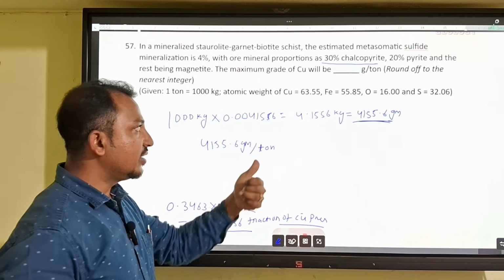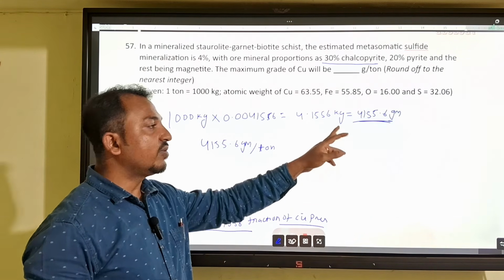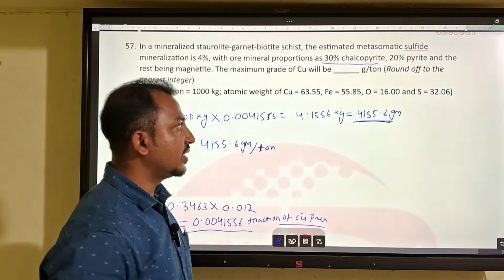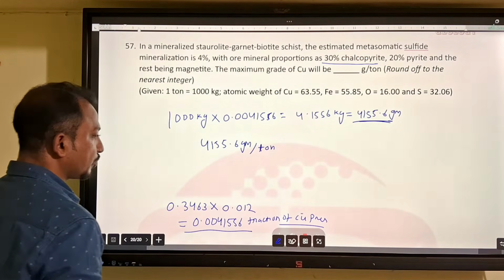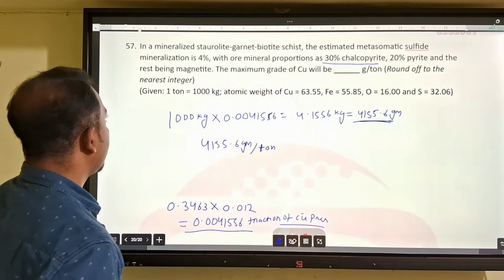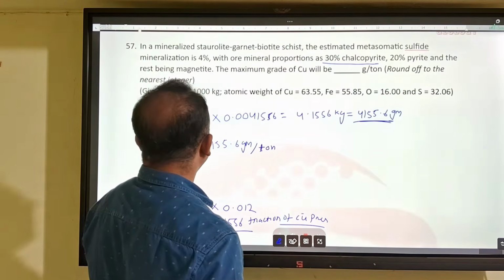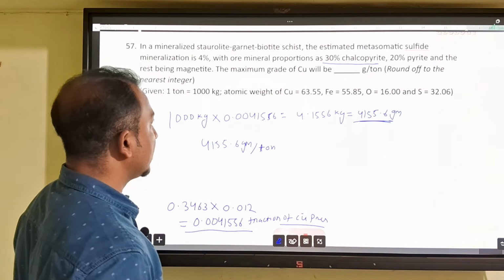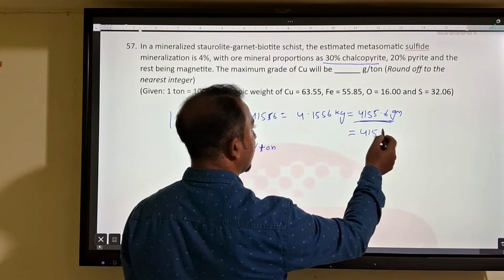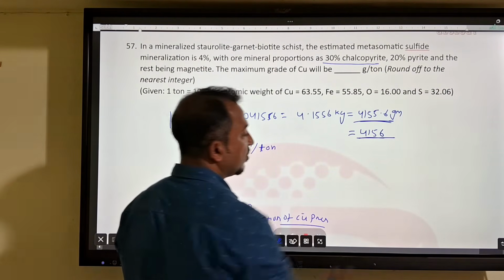In every 1 ton you will get 4155.6 gram of copper. That is the grade, gram per ton. So the answer will be 4155.6. It is given that you have to round up to the nearest integer, so it will be 4156.